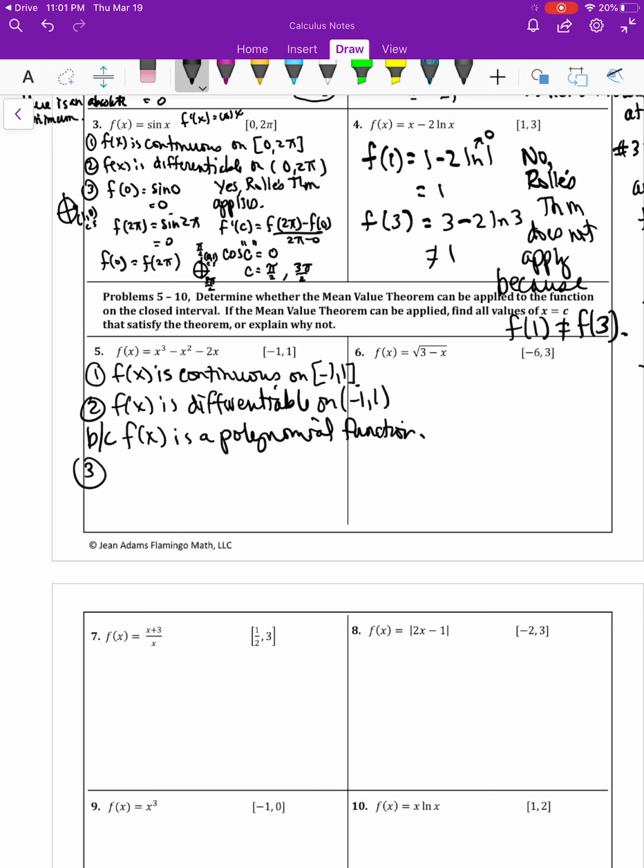And then number 3, calculate your f of negative 1. Negative 1 cubed minus negative 1 squared minus 2 times negative 1. Negative 1 minus 1 plus 2. Negative 2 plus 2, 0.